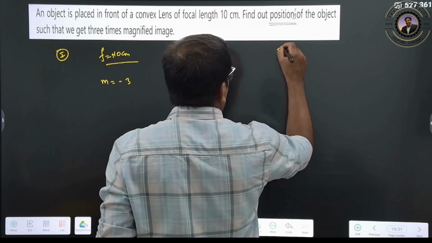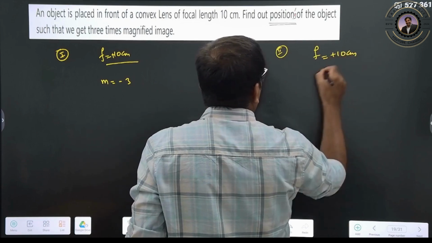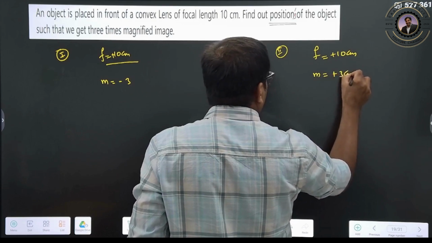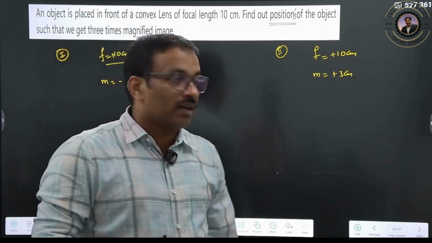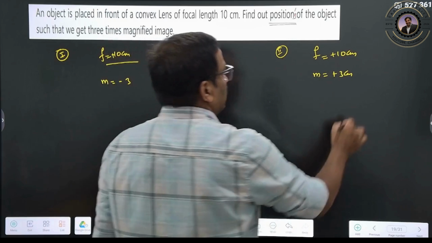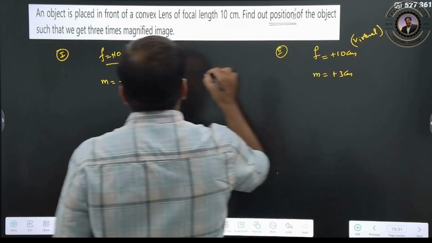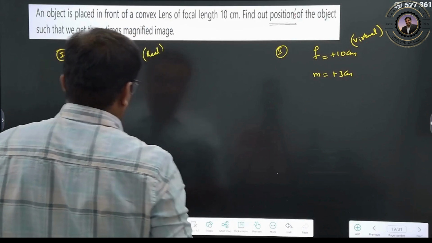For the second one, focal length is plus 10 centimeter, and magnification will be equal to plus 3, where object and image are on the same side. This is for virtual image, this is for real. Understood? Clear?